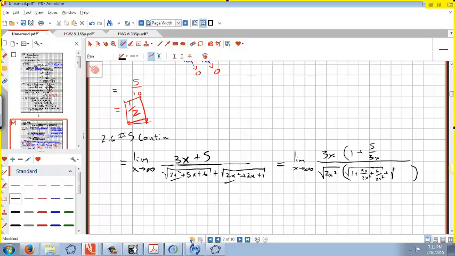This one's going to be square root of, I have 1 plus 2x over 2x squared plus 1 over 2x squared, like that. Okay. That's probably a little weird.